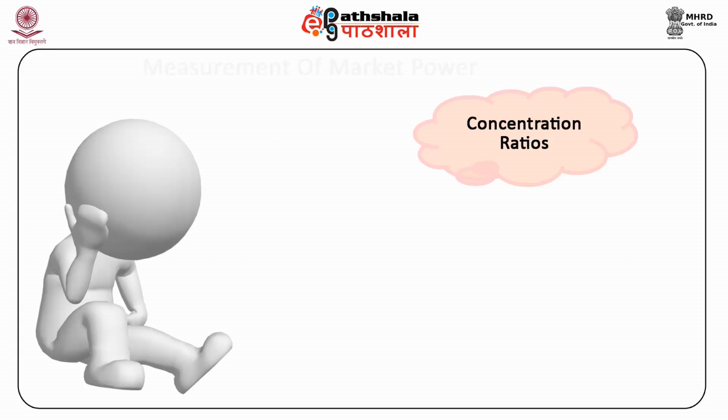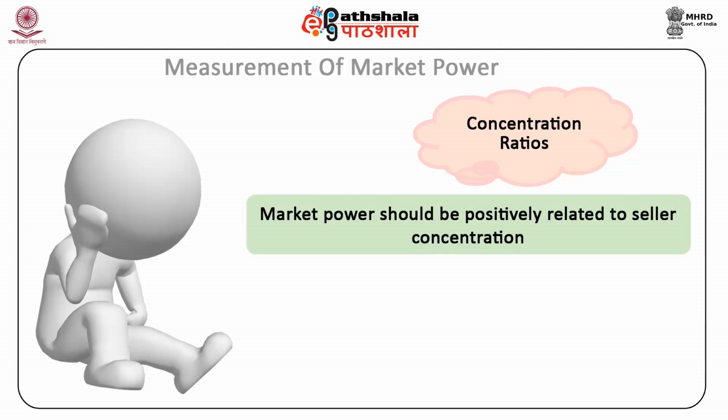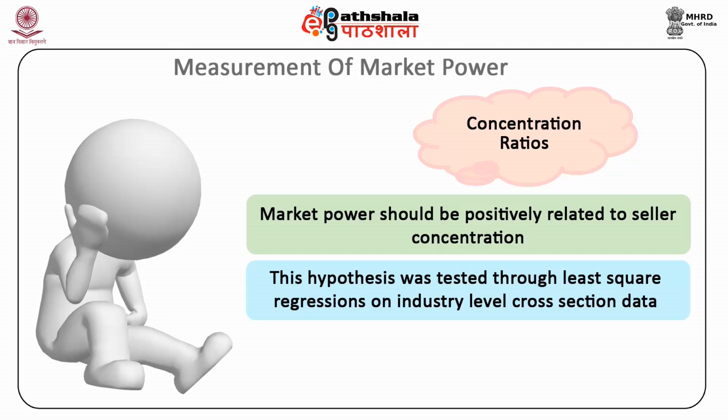Second is concentration ratios. Another measure of market power that gained importance during the 1950s and 60s are the concentration ratios. It was postulated that market power should be positively related to the seller concentration. This hypothesis was tested through least square regressions on industry level cross-section data.